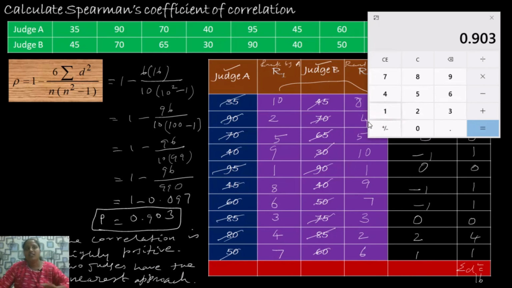So for the given 10 observations, we calculate the rank correlation coefficient rho as 0.903, which shows that there exists a high positive correlation between the two variables.